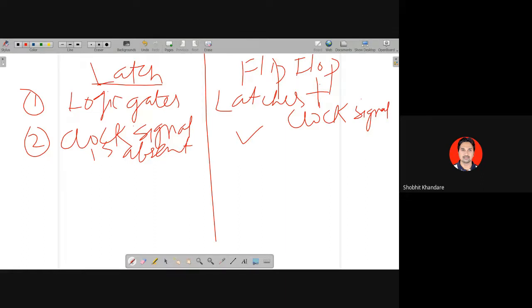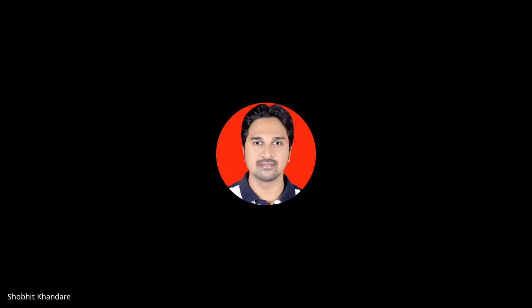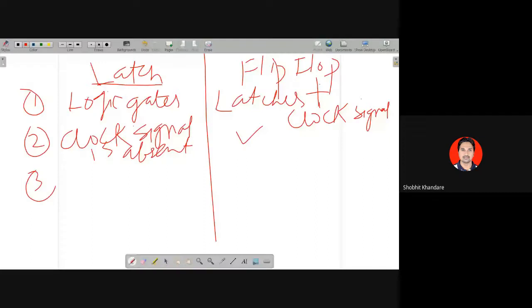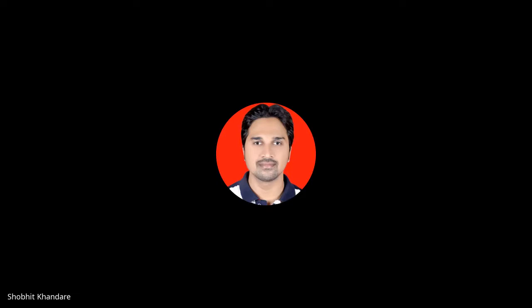When you give input to a flip-flop, you will get the output provided you have given the clock signal. Latches are sensitive to the input signal, whereas flip-flops are sensitive to the clock signal.